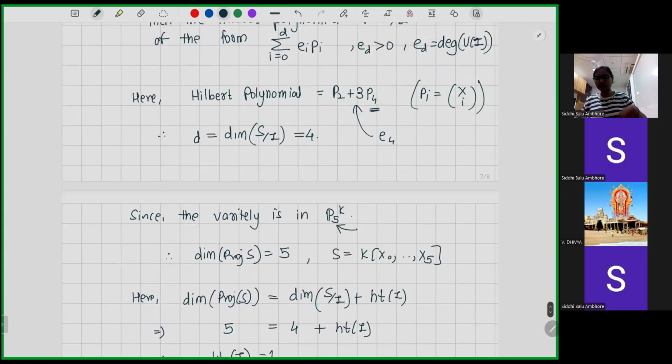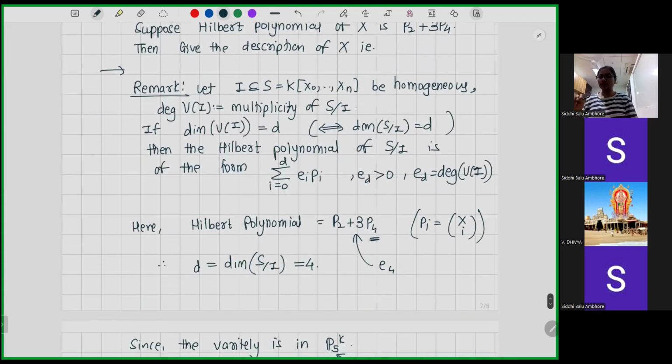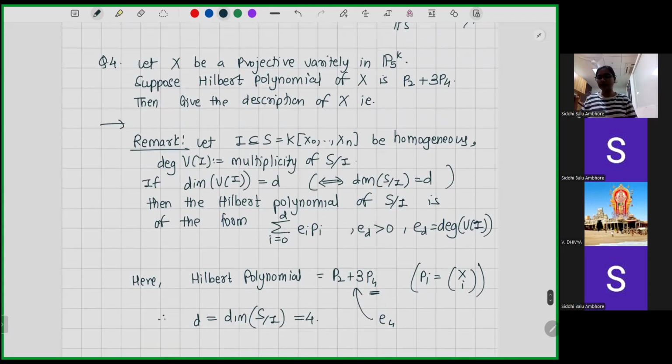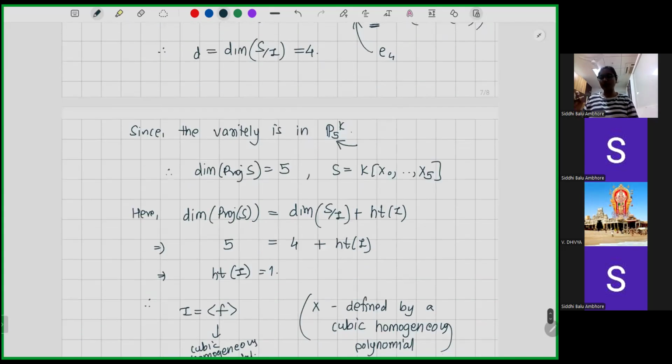Is that okay? So we had to find the dimension of S/I using this information here. So we are in P^5_k and the polynomial goes till 4. So we got information about the dimension of S and the dimension of S/I.